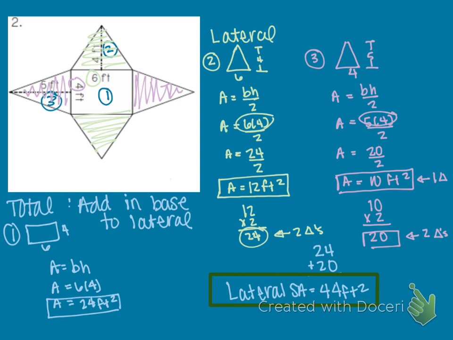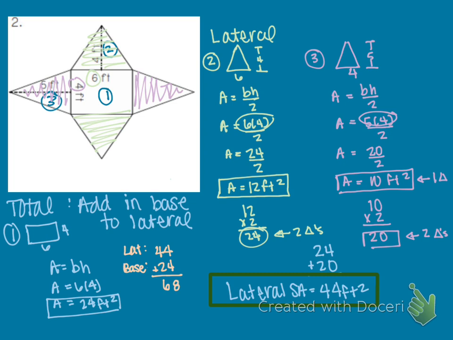So then now we have to take your lateral of 44, and your base of 24, and add them together. 4 plus 4 is 8, and 4 plus 2 is 6.